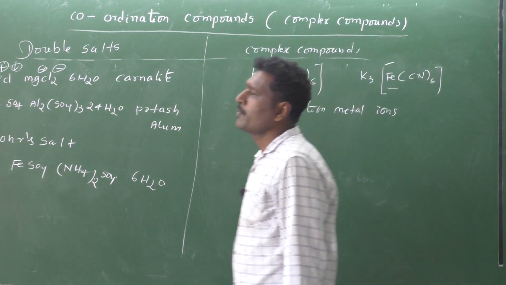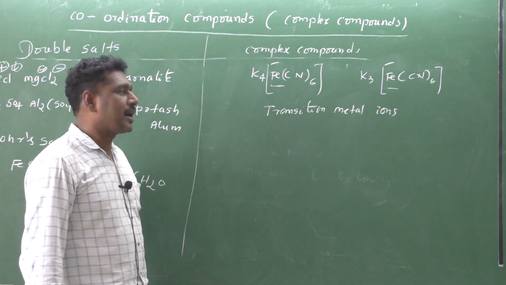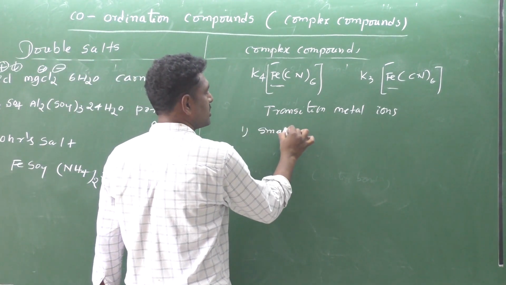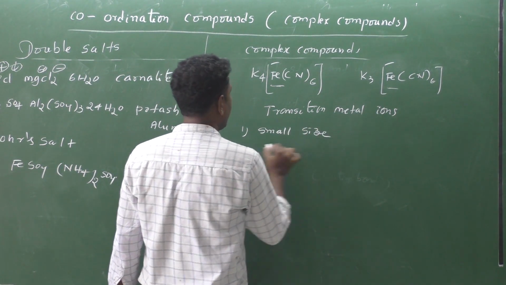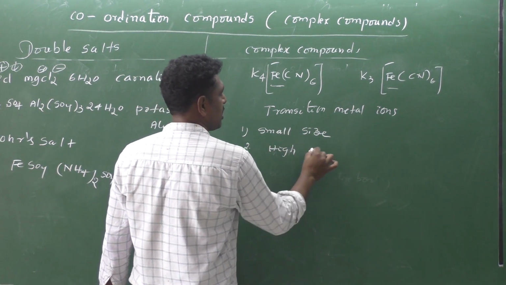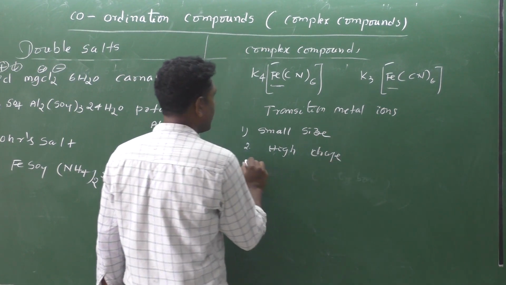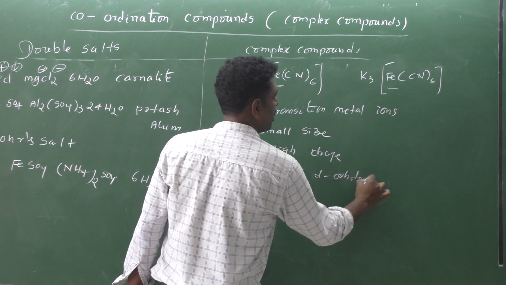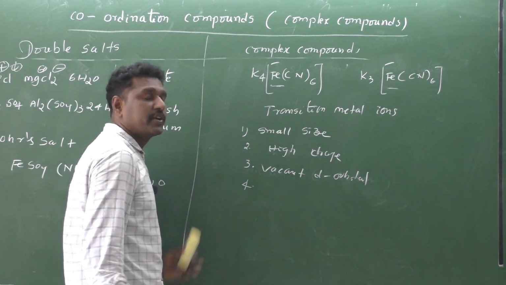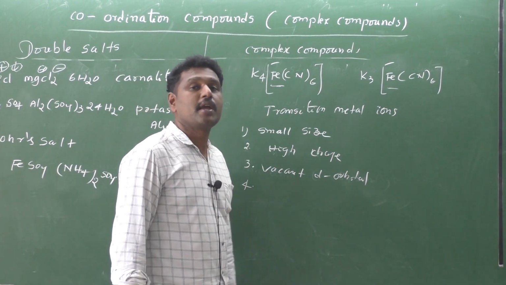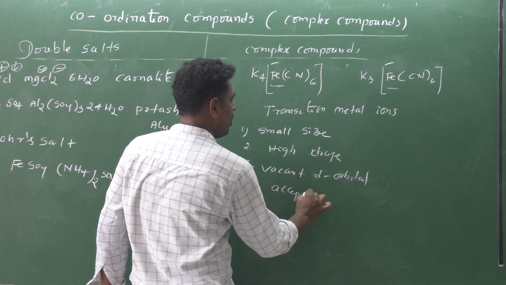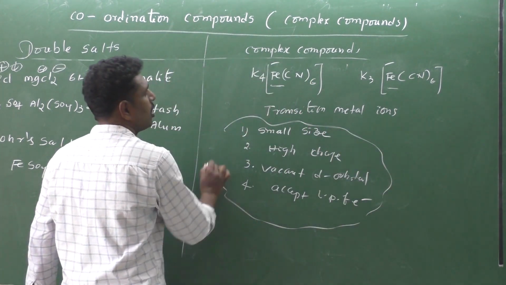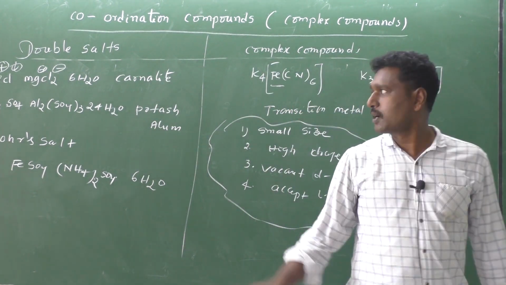Because they have three reasons: small size, high nuclear charge, and vacant d orbitals. Fourth, they accept the lone pair of electrons. So due to these four reasons, d block elements form complex compounds.